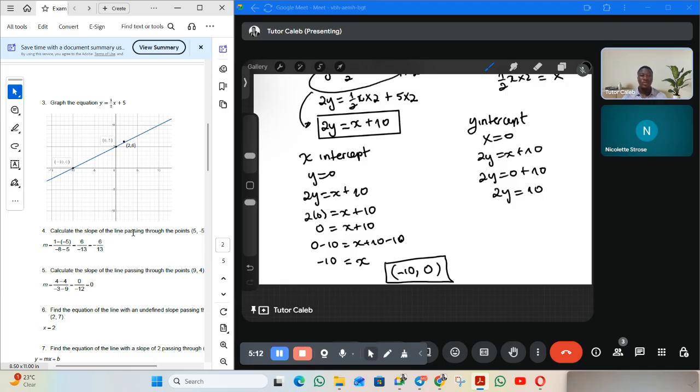Now, to get rid of the 2 that is next to y, we have to divide the right and the left by 2. So I'll get 2y divided by 2 equals 10 divided by 2. This will cancel with this, and y will be equal to 5. Do you agree? Yes. So my y-intercept will be 0 and 5.